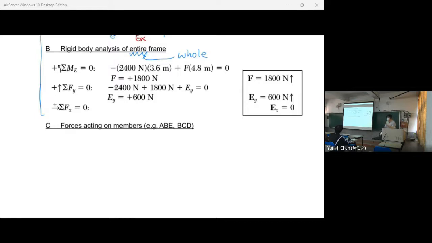The key point here is that, let's say we analyze A, B, E first. Sorry, how should I do it better? A, B, and E in the middle, right?